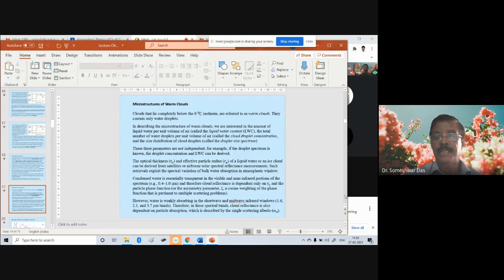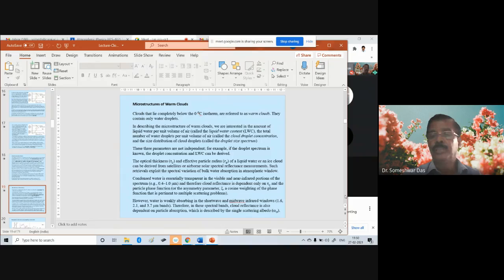Some of these are also very important for the calculation of the radiative fluxes. When we talk about cloud radiation interaction, some of these parameters, like single scattering albedo and the asymmetry factor, we studied in the radiation chapter.